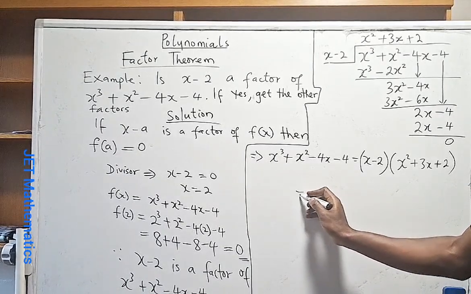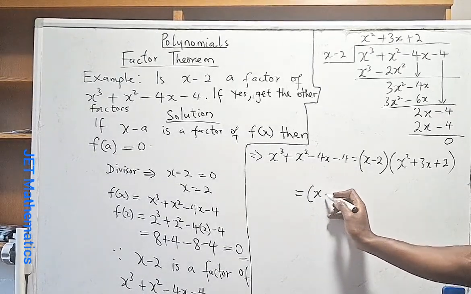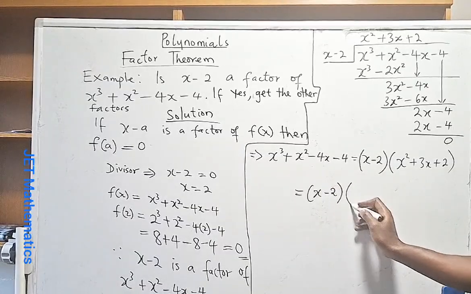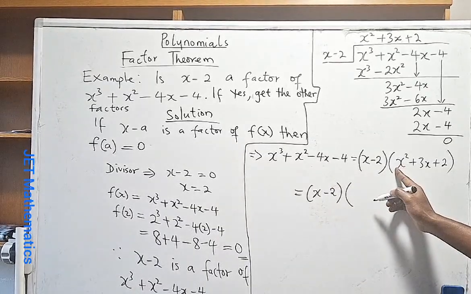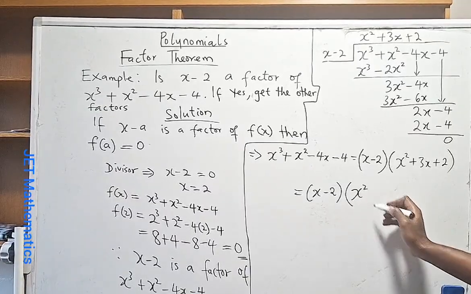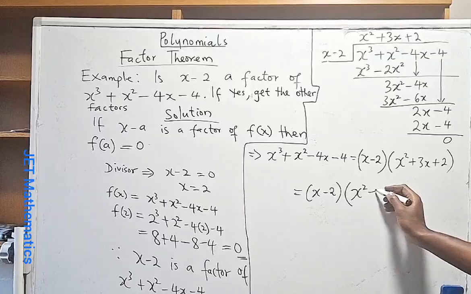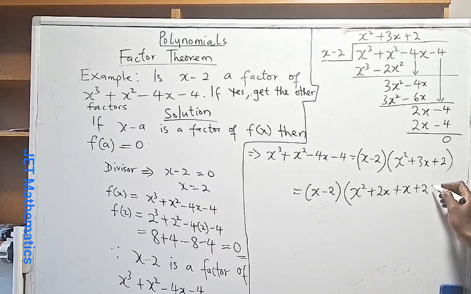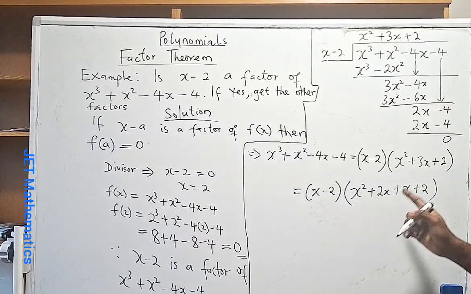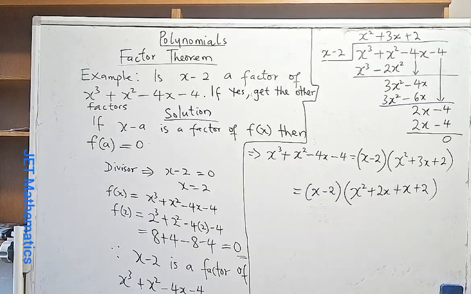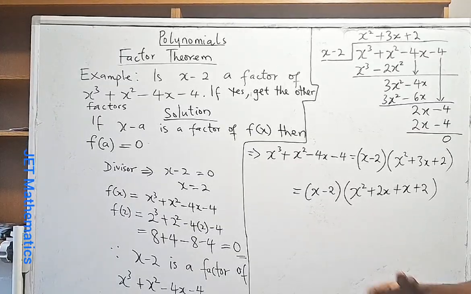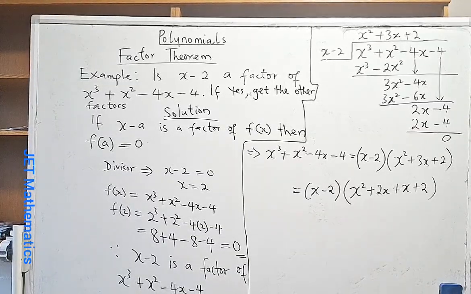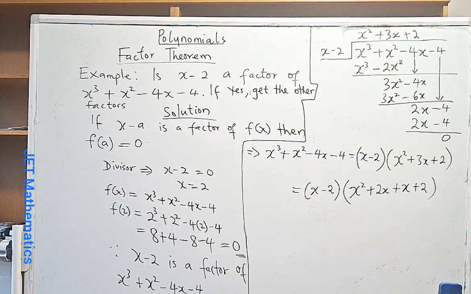So we have that this is equal to x minus 2, and then here, factorizing this, we have x squared plus 2x plus x plus 2. In case you don't know how to factorize quadratic expressions, you can see our videos on factorization of quadratic expressions. Alright.